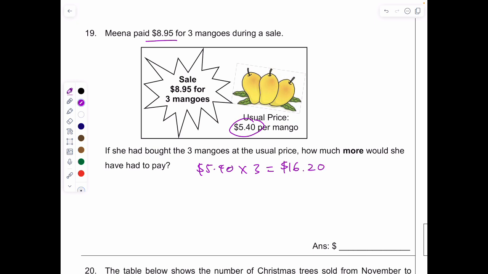Then after that, at the sale, she paid only $8.95. So therefore, you will take the original price of 3 mangoes, subtract away the price that she paid. And your answer would be $7.25.